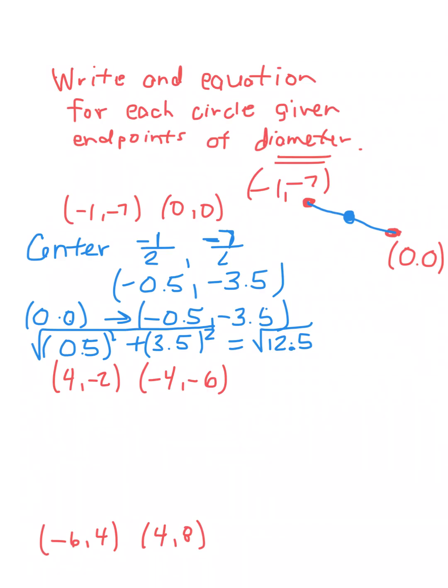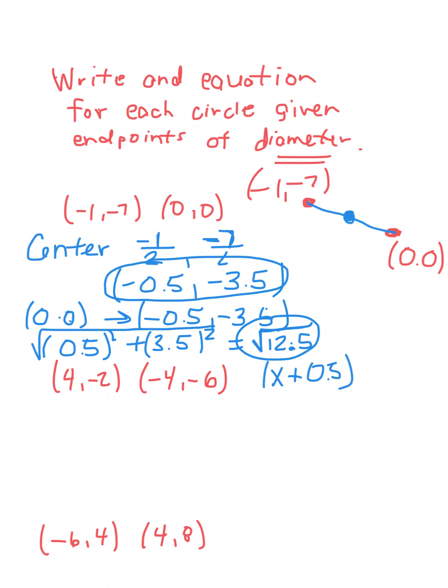Using your calculator, 0.5 squared plus 3.5 squared is 12.5, and we take the square root of that. So I have my center and my radius. Now my equation will be x plus 0.5 squared plus y plus 3.5 squared equals the square root of 12.5 squared, which is just 12.5.